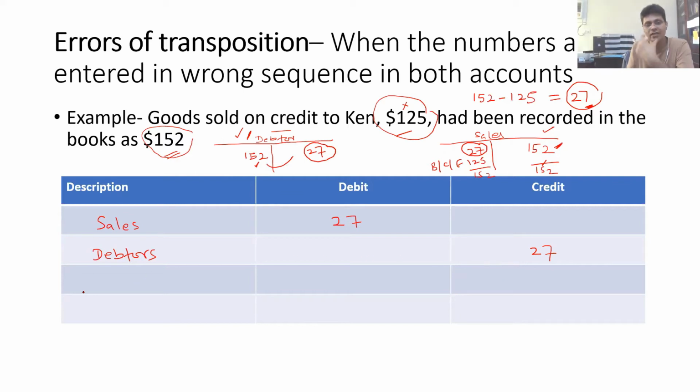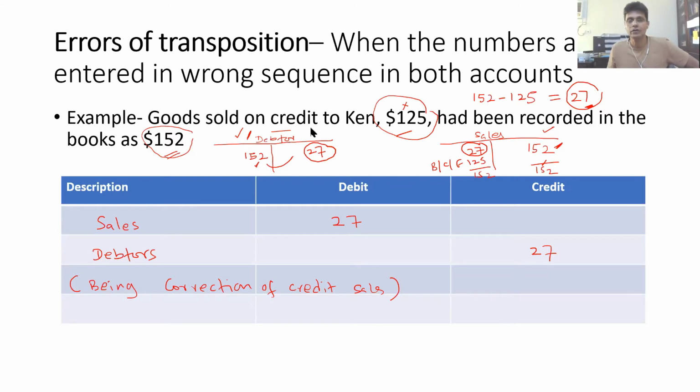Basically, we have to write a narration here: being correction of credit sales. Can you take down this question and the journal entries also?